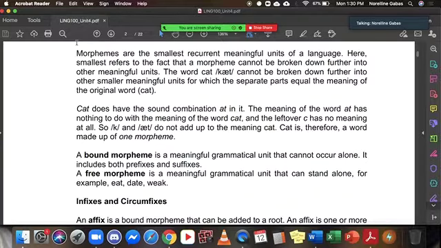Ano ba ang mga examples ng prefixes? Examples ng prefixes.